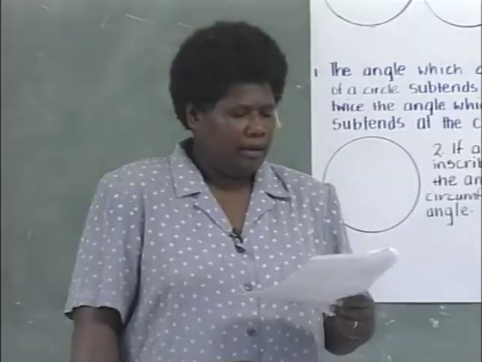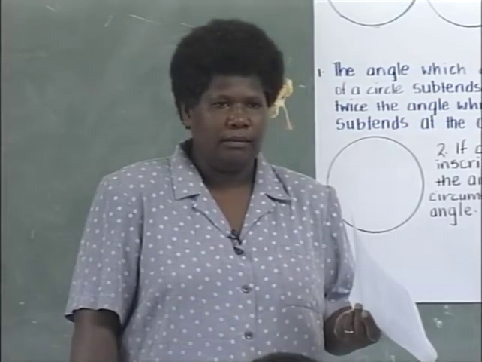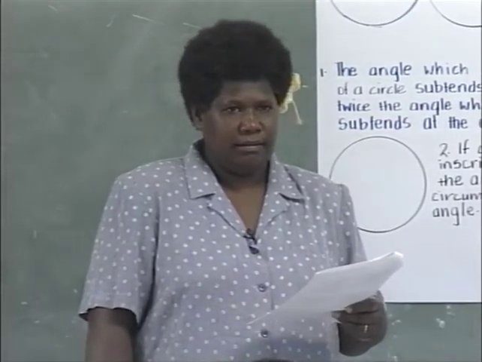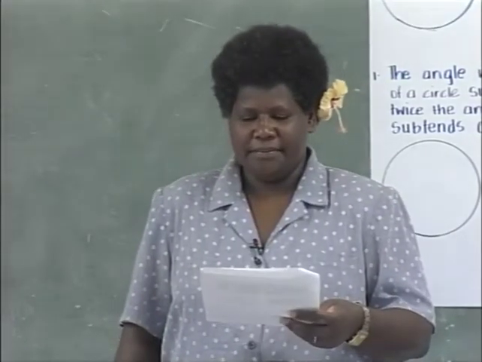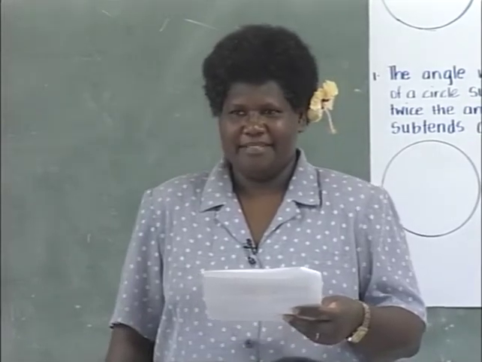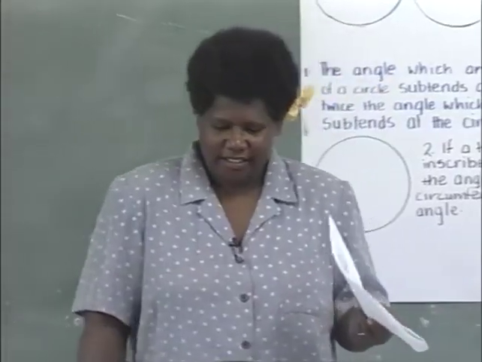For an octagon, Daniel? 135 degrees. C? Lester? 144 degrees. And D? Natasha? 150 degrees. Good.